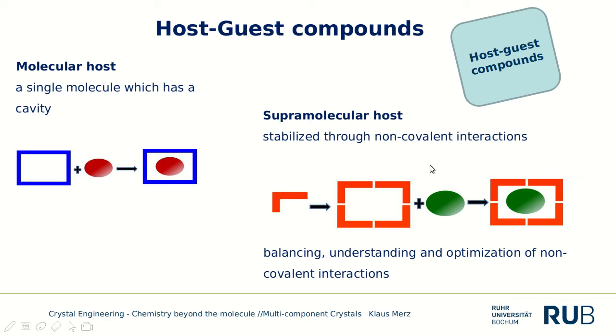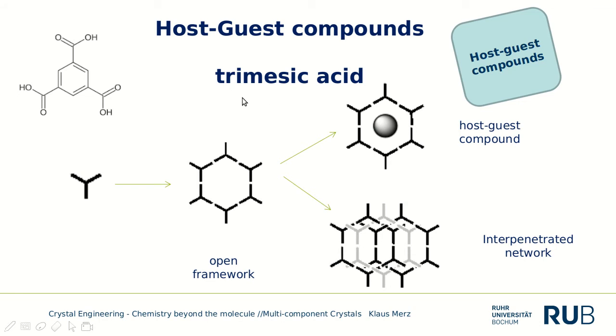And talking about supramolecular host crystal engineering, well, there's always an optimization, a balance, you can say, between these non-covalent bonds. And, well, you can really use it. For example, here we have a compound, trimesic acid, you see it here, an aromatic backbone and three carboxylic acid units.